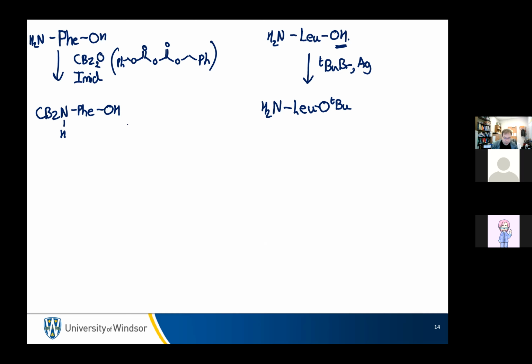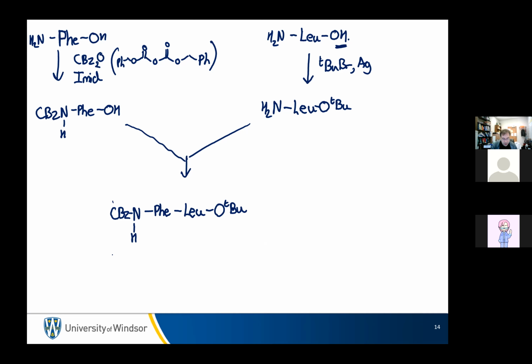Now I can couple these two together. So I've got my phenylalanine leucine dipeptide.